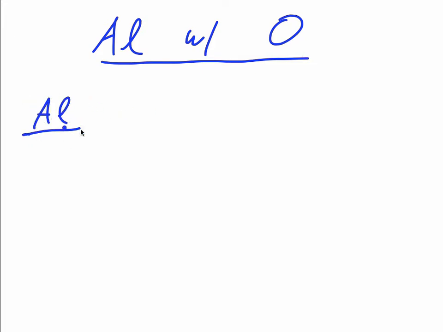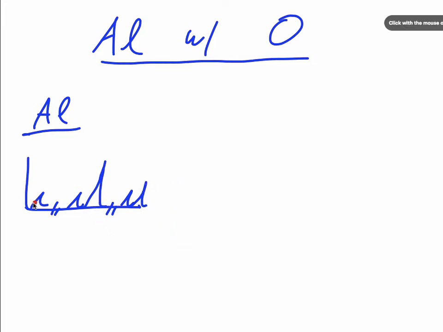So we're gonna start off with aluminum's PES diagram. So 1s2, 2s2, 2p6, 3s2, 3p1. Okay, so I know I should have done that in red. Apologize about that. Stay consistent. So here are the valence electrons.